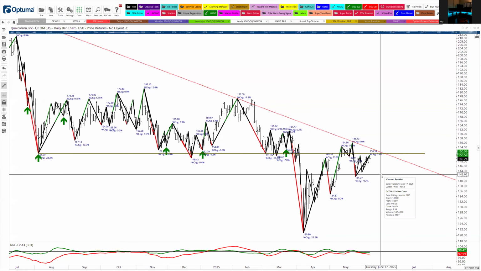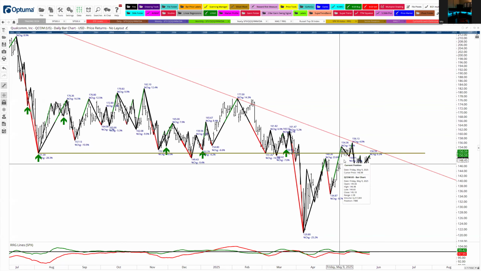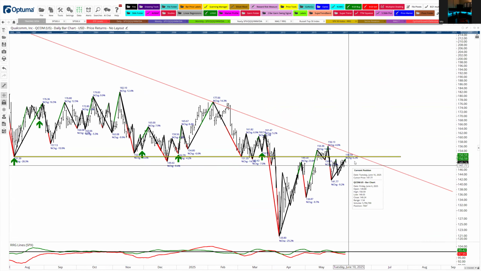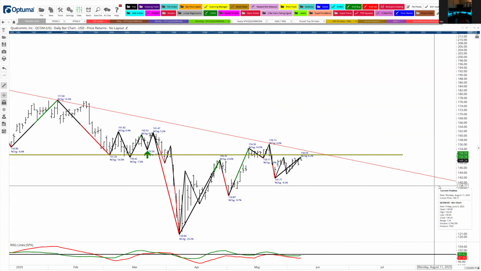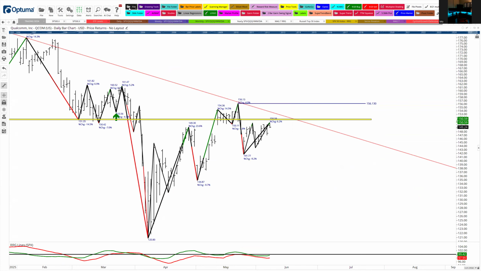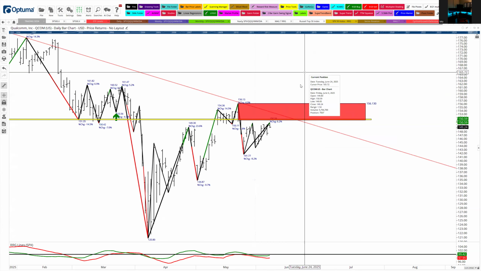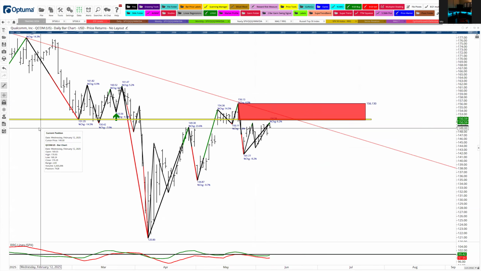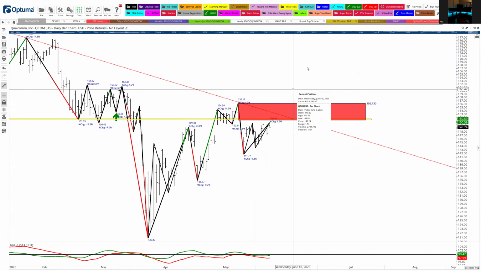But the Qualcomm bet would be 150. You're betting this resistance along with the trend line resistance breaks, and this swing right there breaks above this 156. This is your breakout zone for this stock. I can tell you that right now. This area is going to break. Then you can project the upside.